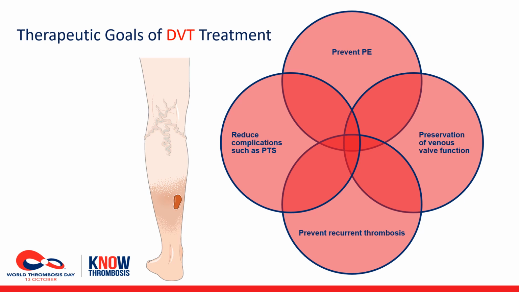It's more likely to occur if you have recurrent DVT events or post an extensive proximal DVT, meaning you've got a DVT basically going up your whole leg.